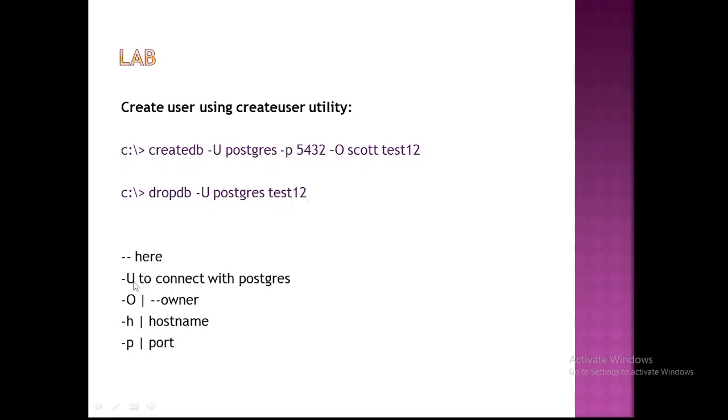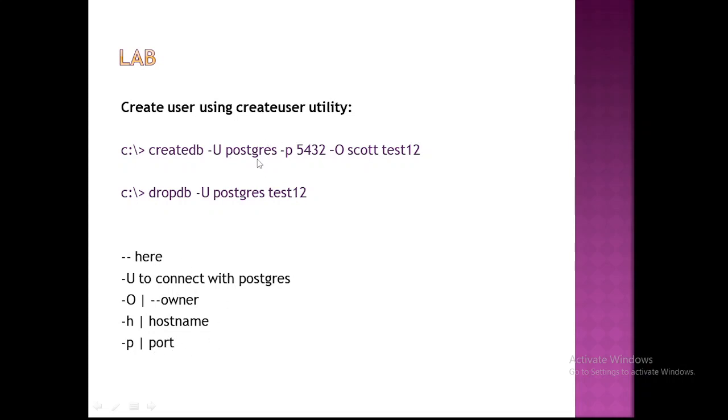Here you see capital -U is with the user, connecting with the user postgres, and capital -O. You can also use --owner=scott, but -O is fine. Capital -O and then the username; small -h is for host name and small -p is for port.